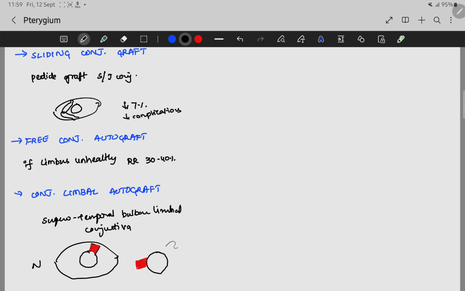The conjunctiva from this area we have removed, right? So we will just do a simple closure, we will just pull it and then close it. And here we will attach it with the remaining conjunctiva by putting sutures or fibrin glue.